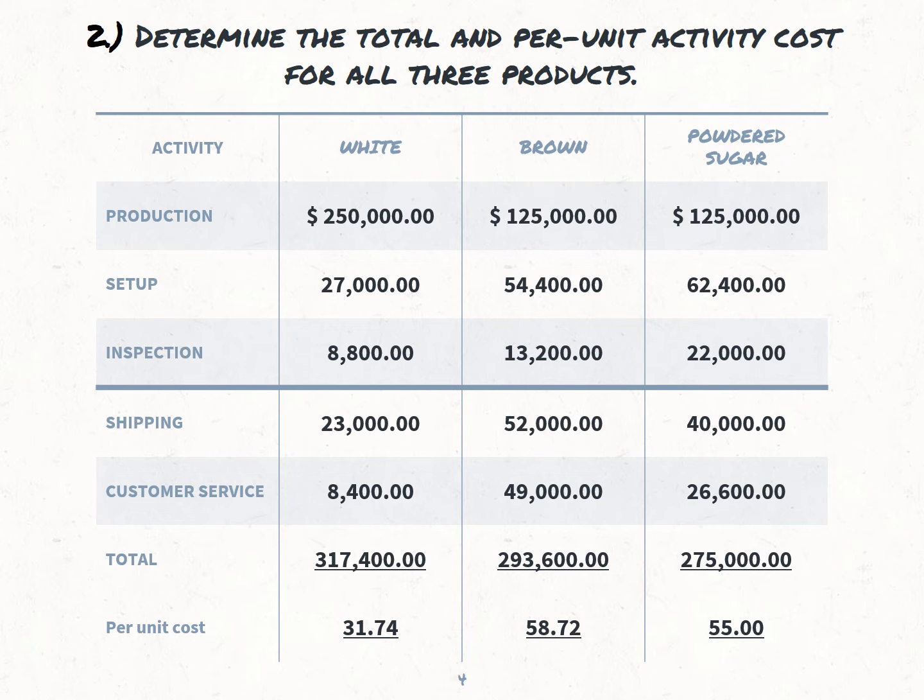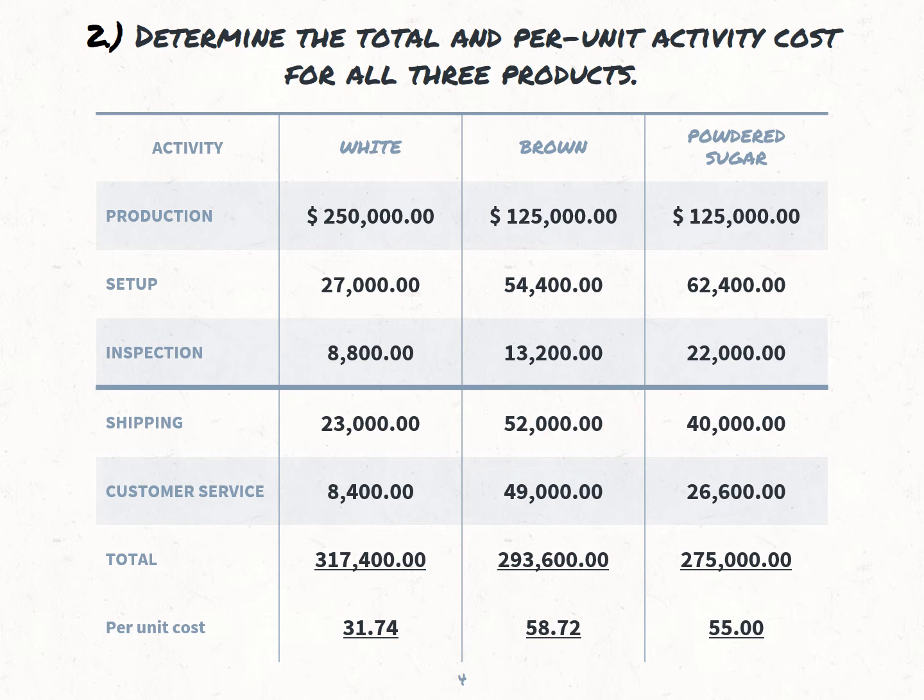While for inspection, the number of inspections for white sugar is 220, brown sugar 330, and powdered sugar 550, with a total of 1,100. Multiplied by its activity rate of $40 per inspection, we have 8,800 for white sugar, 13,200 for brown sugar, and 22,000 for powdered sugar.